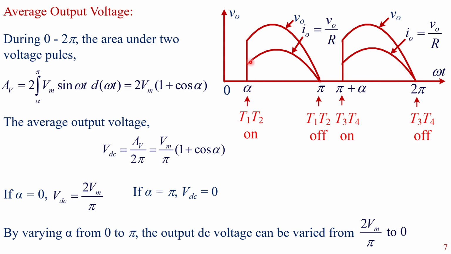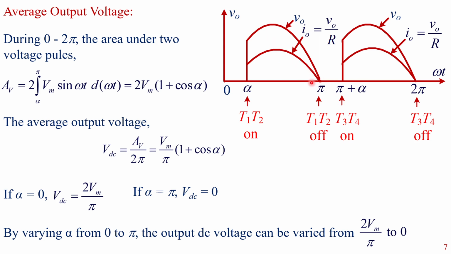And as the load is resistive, the load current also suddenly rises from 0 to a particular value depending on value of resistance R. At omega t equals pi by 2, the load voltage reaches peak value, and the load current, which is in phase with load voltage, also reaches peak value.